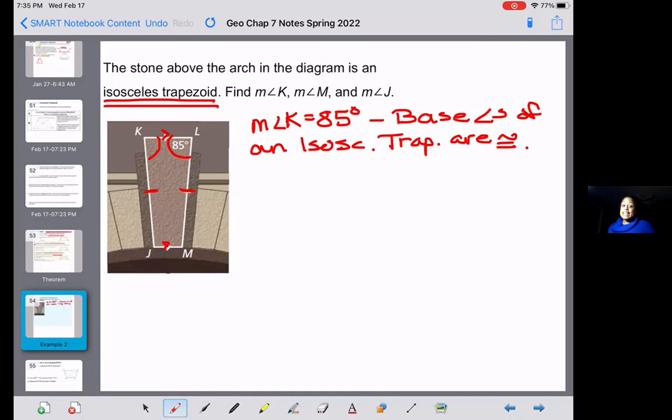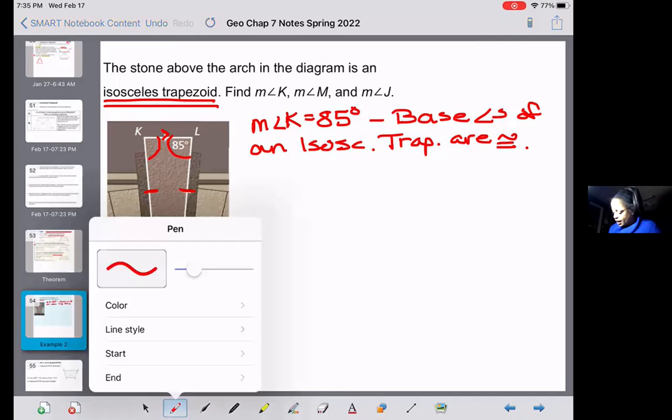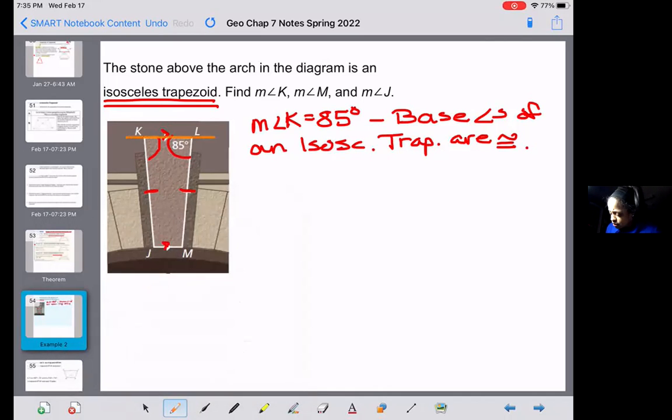The bottom base angles are not also going to be 85. Hopefully you realize why. You can't have 85 plus 85 plus 85 plus 85, that doesn't equal 360. So hopefully you recognize that this, again, is a trapezoid. So this side is parallel to this side, and this is one transversal. Hopefully this is starting to look a little familiar. You've got two parallel lines cut by a transversal.